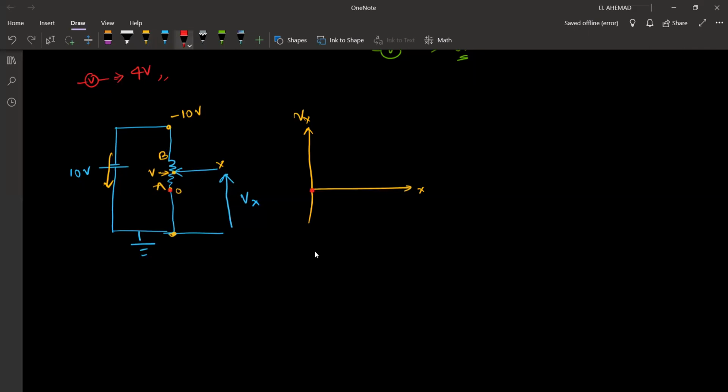And when you go up, what about the potential? It is becoming negative. So it goes to negative 10 when it reaches B. Is it clear? Rahama, did you get the idea?